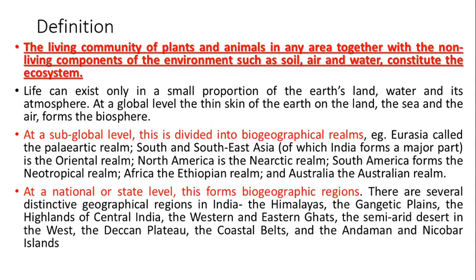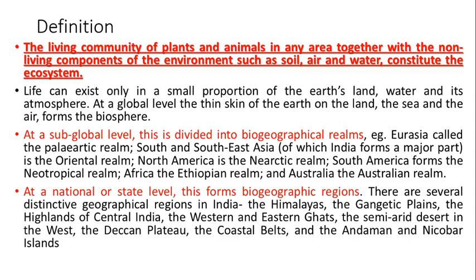Now, about realm: the realm is a huge amount of land compared to a city. When we talk about the micro level, realm is the macro level. At the micro level, the classification and division are called biogeographic regions, like the Himalayan region and the Indo-Gangetic plain.